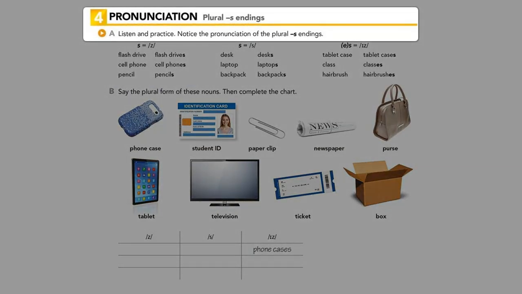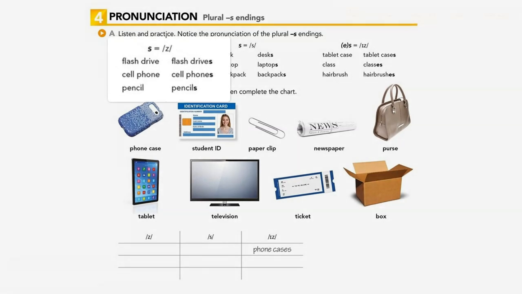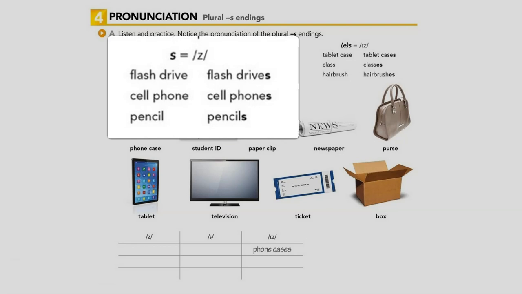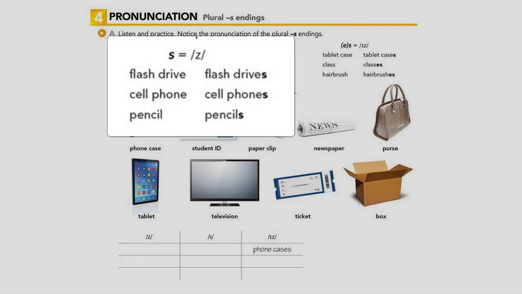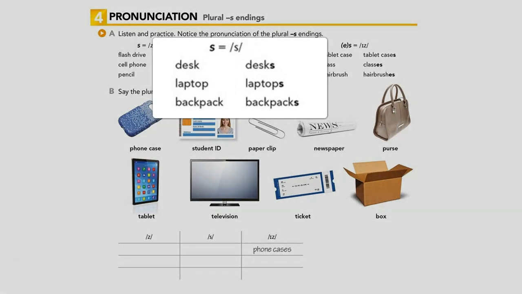Pronunciation. Plural S endings. Listen and practice. Notice the pronunciation of the plural S endings. S equals Z. Flash drive. Flash drives. Cell phone. Cell phones. Pencil. Pencils. S equals S. Desk.